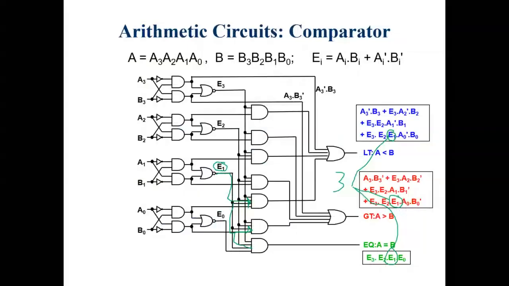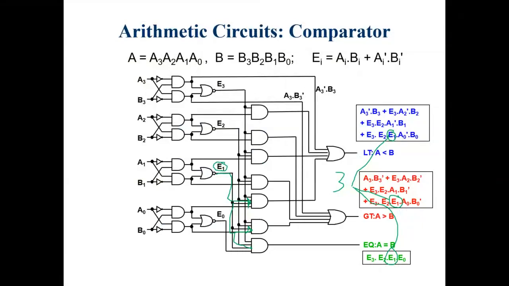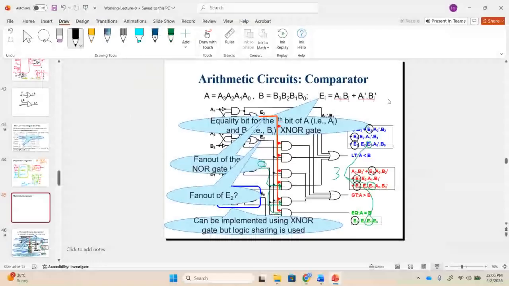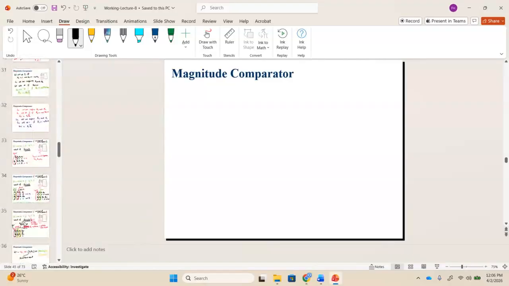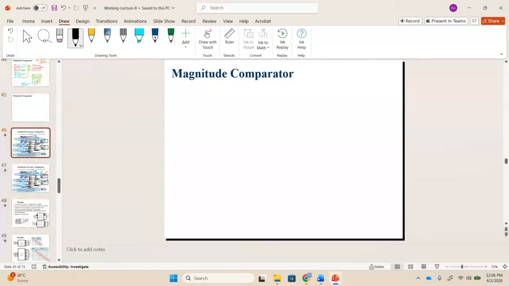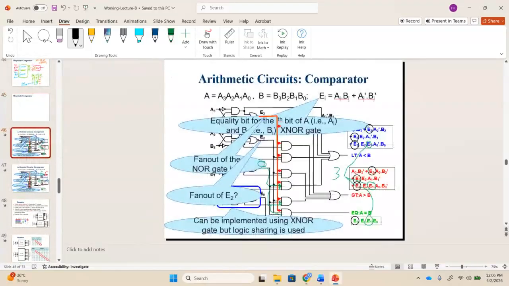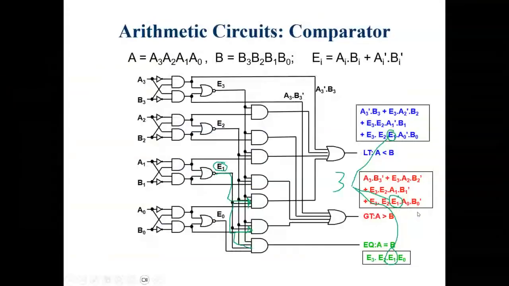Now can you see here, this is all the expression. We are comparing 4-bit numbers.